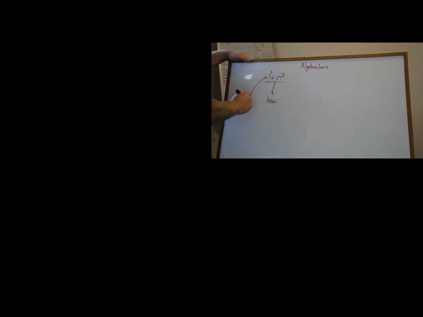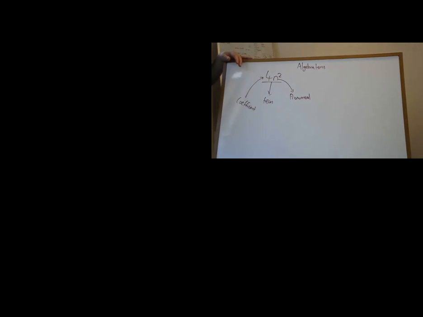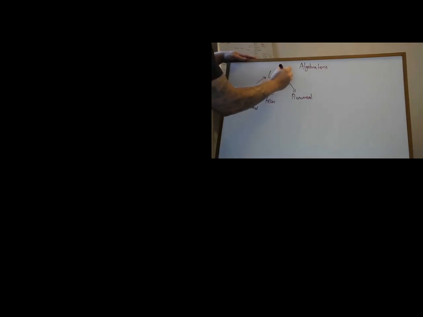So this entire thing here is called a term. The 4 is called a coefficient. The n is called a pronumeral. The 2 is called an index.